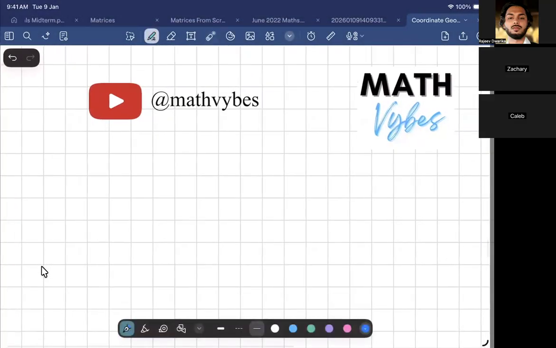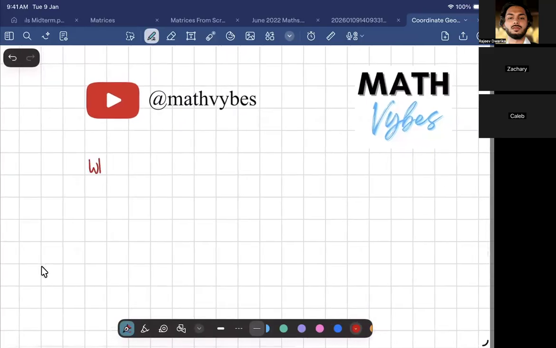So the question I have for you all is, what form do you get when you expand the standard form?